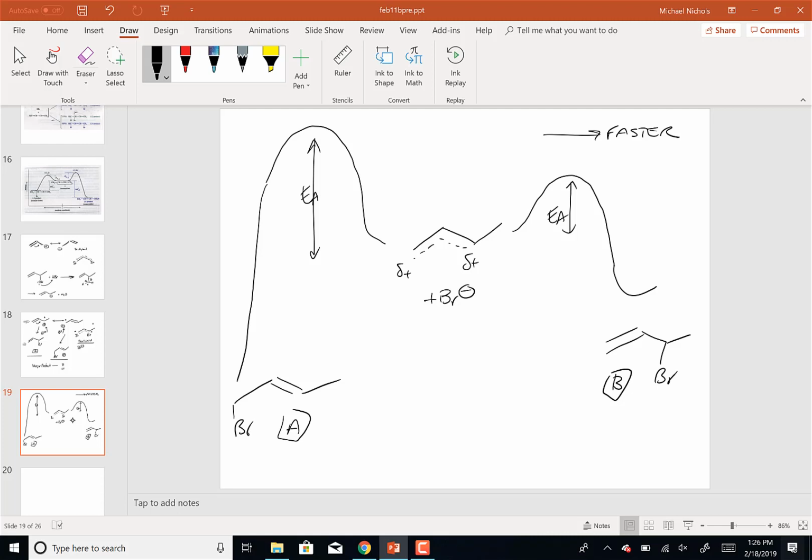B, right, that's the one that's formed fastest. Now I make it 10 days. Which product formed fastest? Still B.